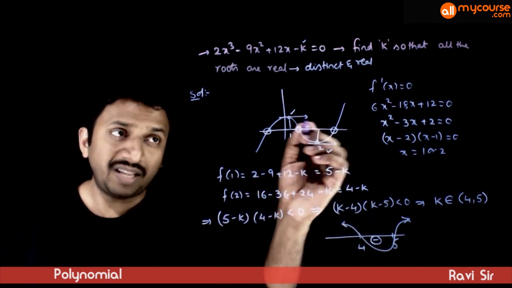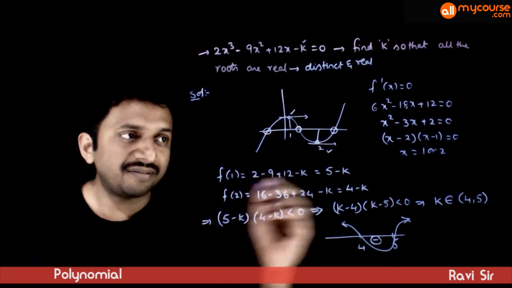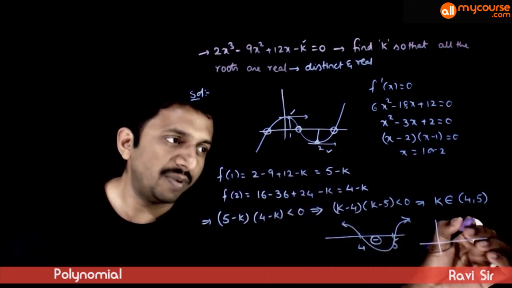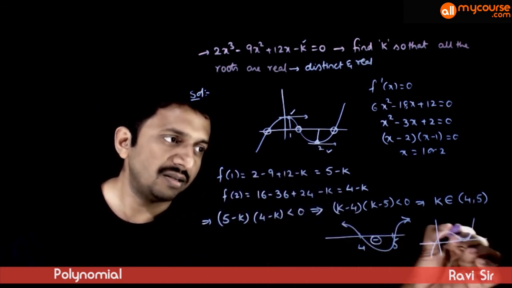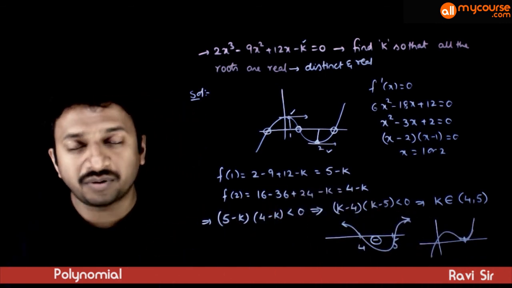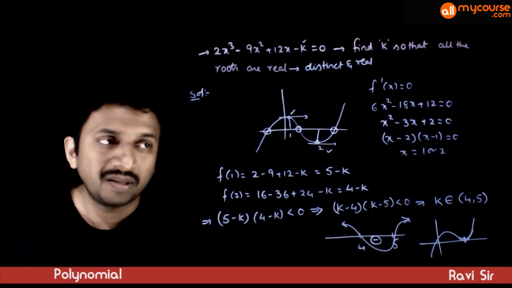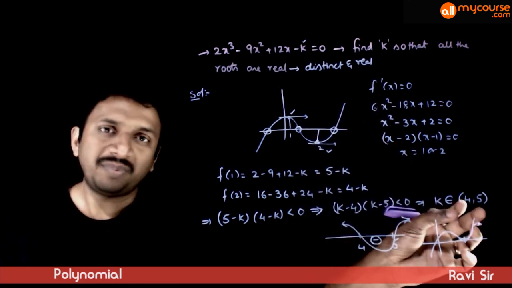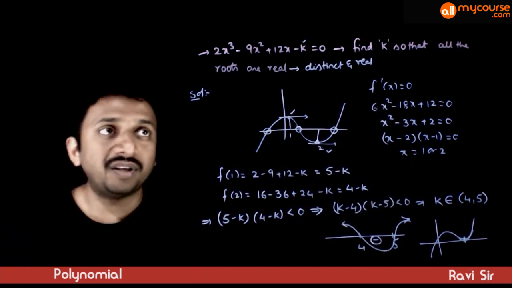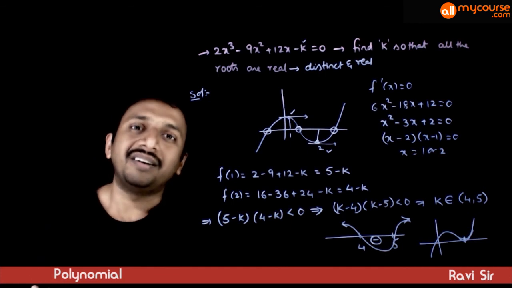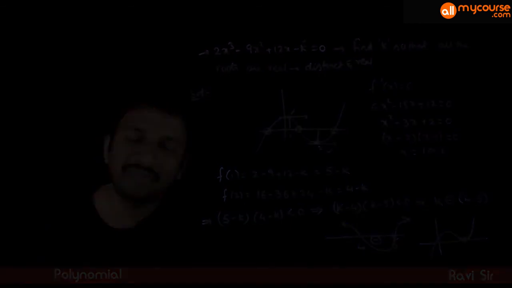That means at one of these points, the graph is going to 0. That means the graph looks like this. So one of the roots will be a double root. So I'll mostly prefer open 4 to 5 if the roots are to be real and distinct.